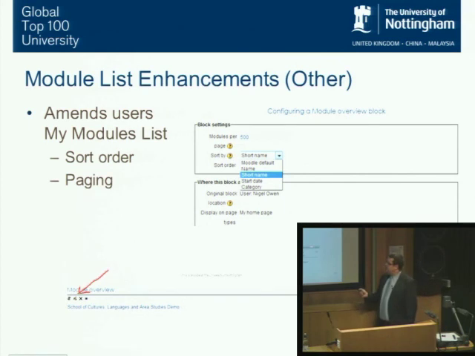But if you hit the customise this page button, sorry, I've taken the screenshot at the wrong time, and then hit the edit icon right over there, you get taken to this page, and what you can do is order your modules either via the alphabetical name, the short course name, the start date if they've got one set, or the category that's in there. You can also limit the amount of modules that are displayed on one page at one time. So that's just how to tidy up your Moodle module list.